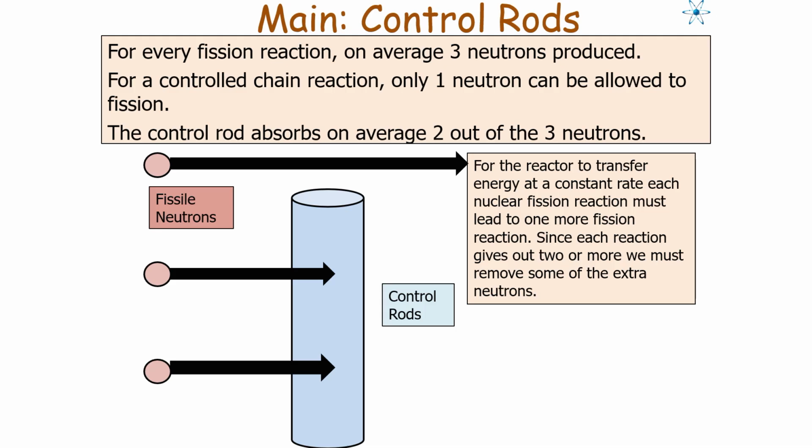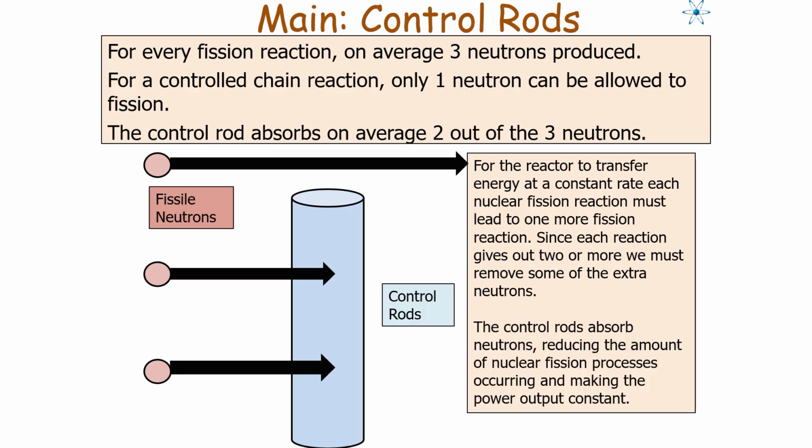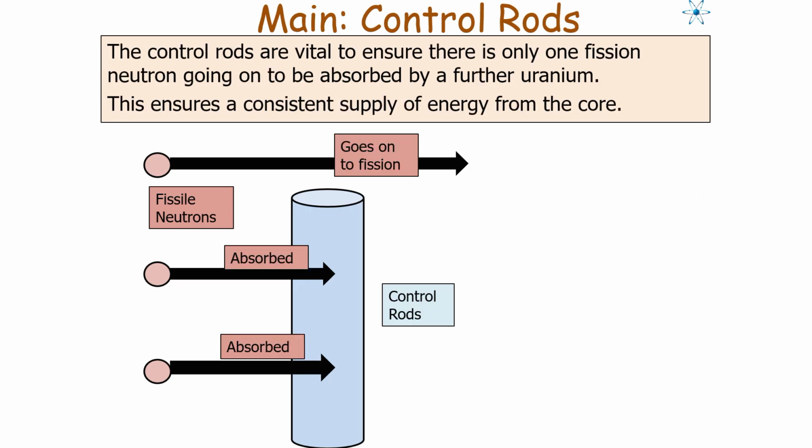So for the reactor to transfer energy at a constant rate, each nuclear fission reaction must lead to 1 more fission reaction. Since each reaction gives out 2 or more neutrons, we've got to remove some of these extra neutrons. So like we said before, the control rod absorbs neutrons, reduces the amount of nuclear fission processes occurring and makes the power output of our nuclear power station constant.